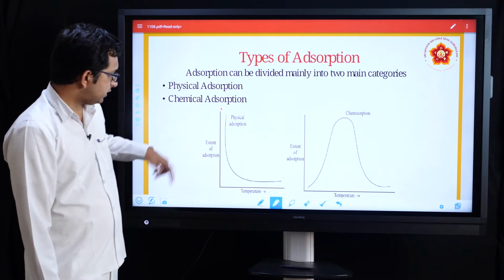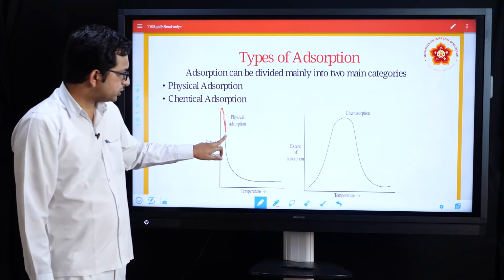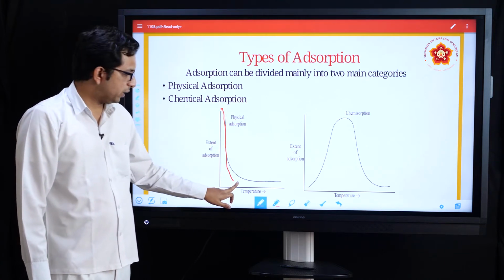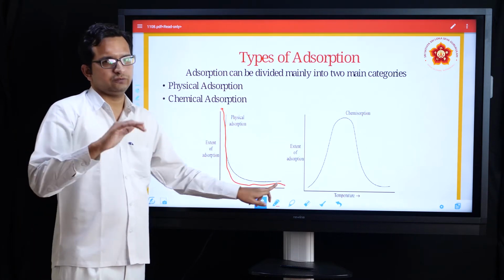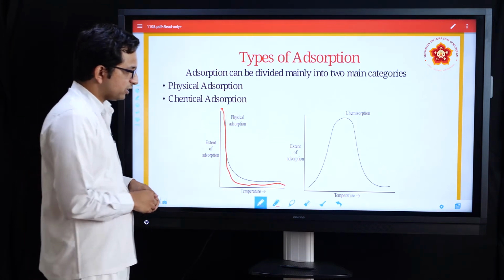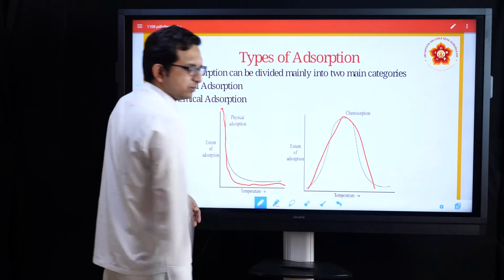You can see that when you increase temperature in physical adsorption, the extent of adsorption comes down, and then it becomes a constant of sorts. Whereas here it's not like that. Actually at low temperature it is low, it increases and then decreases.